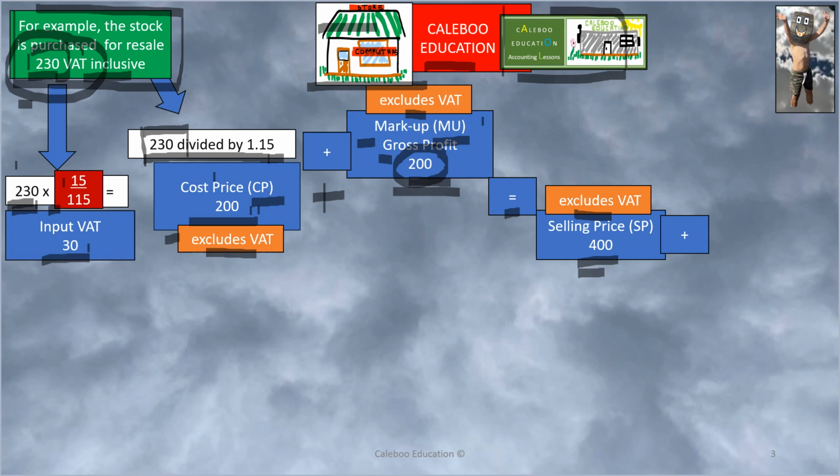Then what happens is, before this item gets sold to the client, 15% of the selling price excluding VAT must get added, and that amount is 60. 400 times 15% is 60, and that is the output VAT.